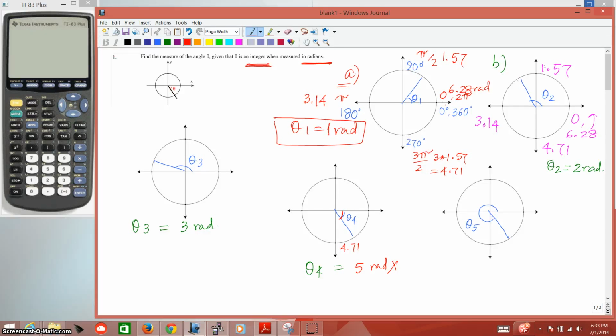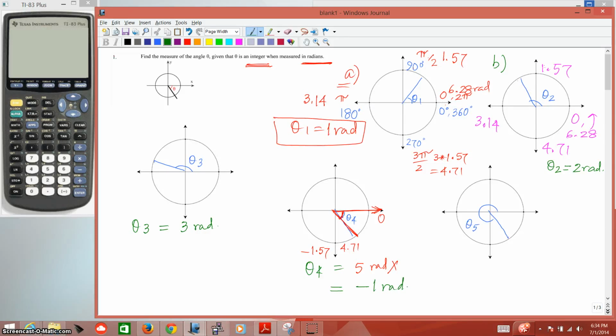This angle can only be generated, if you think about the standard angle, where your initial ray is along the positive x-axis and the terminal ray determines the measurement of that angle, by going clockwise only. So this angle turns out to be a negative angle. It is between 0 and negative 1.57. So the only possibility for this type of angle, theta 4, will be negative 1 radian.